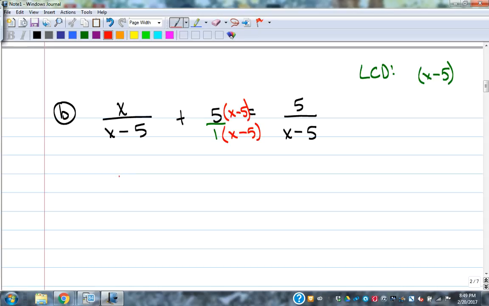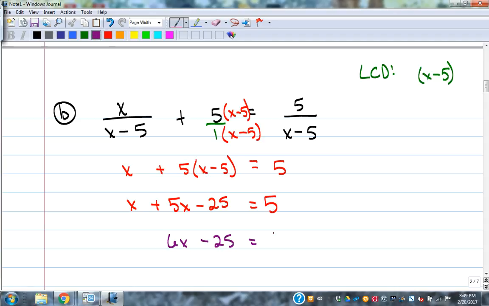Now, the numerators are the only parts we care about now. X plus 5 times x minus 5 is equal to 5. That's x plus 5x minus 25. That'd be 6x minus 25 is equal to 5.